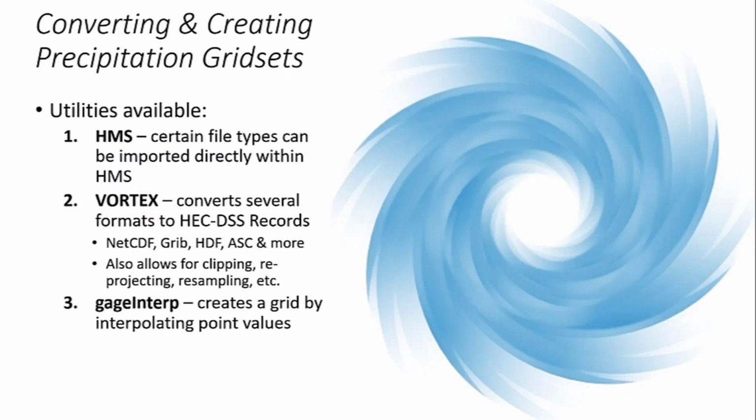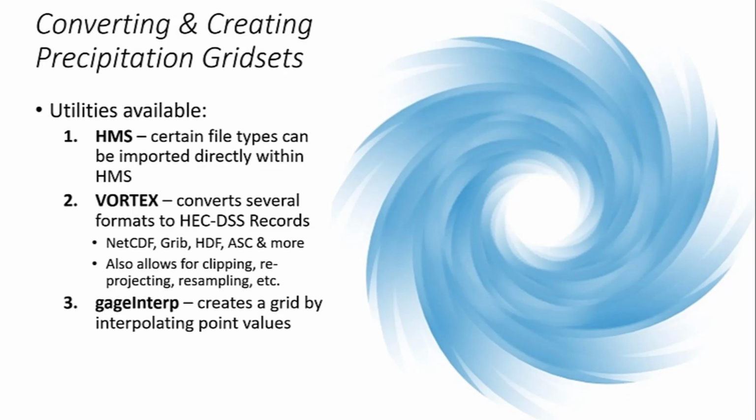So, once you've decided to apply gridded precipitation to your model, how do you convert the raw data to an HEC DSS file? There are a few options available. Select gridded file formats can actually be imported directly into HMS. The Vortex utility is a great tool that can convert several native data formats to HEC DSS, and it allows for additional data manipulation, such as clipping, reprojecting, and more.